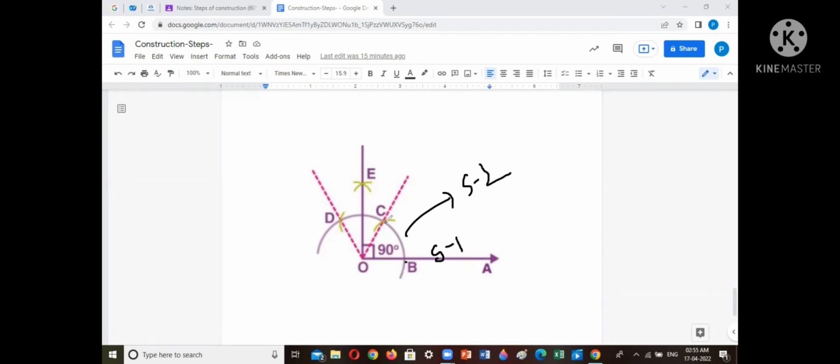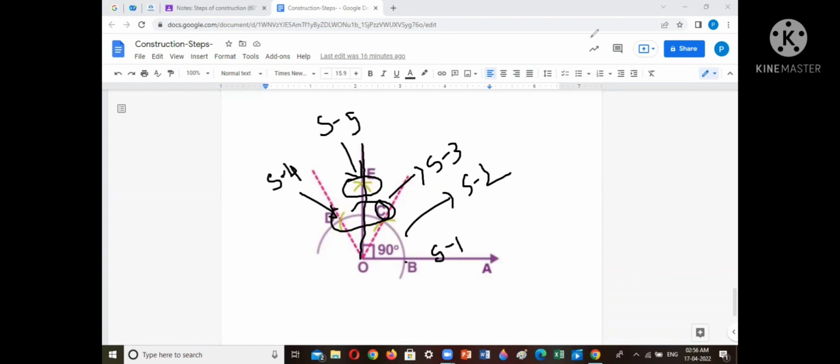After that, to make one more arc from the point B and name it as C is our third step. To make another arc from the point C and name it as point D is our fourth step. Then to take both of these points D and C and make two arcs that intersect each other and name that as point E is our fifth step. And then finally the sixth one is to make the line from E to O, our last step. So quite easy, right?